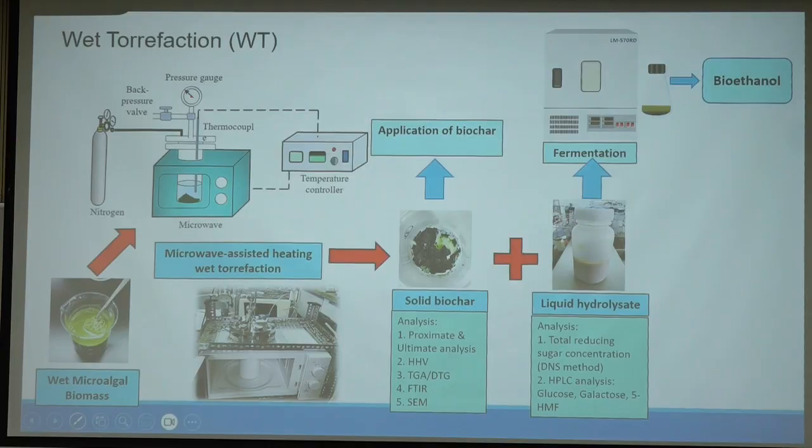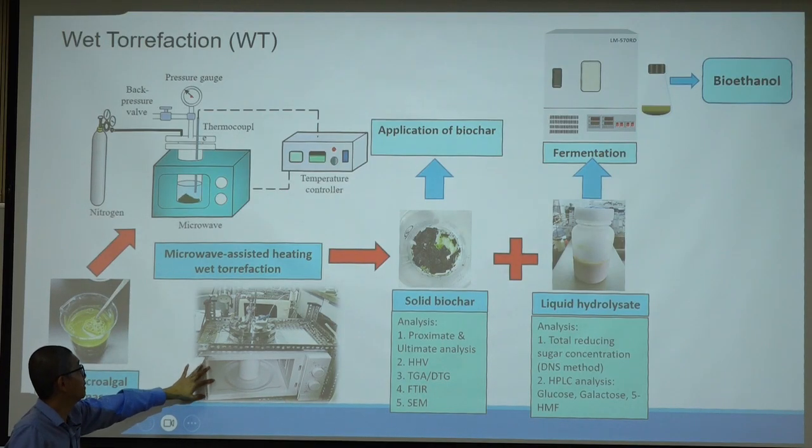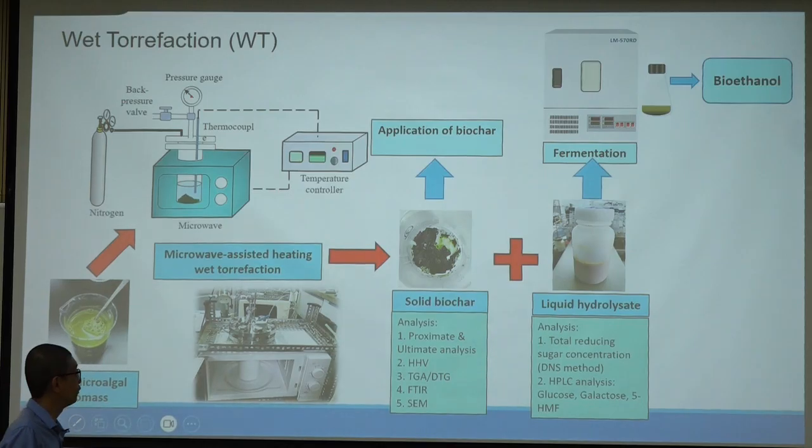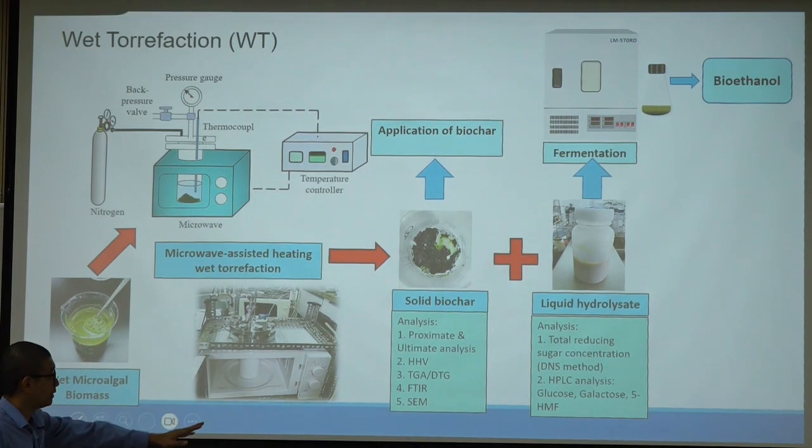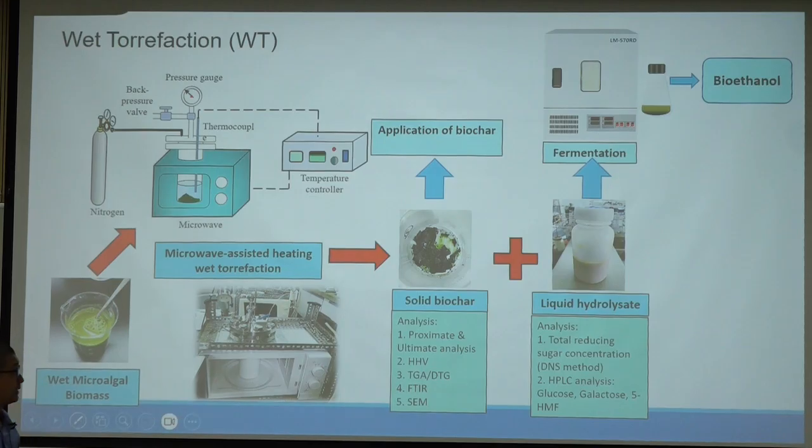Similarly, in a similar process, we use wet microalgae biomass with a household modified microwave for acid heating. Then we have two products: one is the solid biochar, and the other is the liquid hydrolysis product. For the liquid hydrolysis product, we further analyze the total reducing sugar concentration.